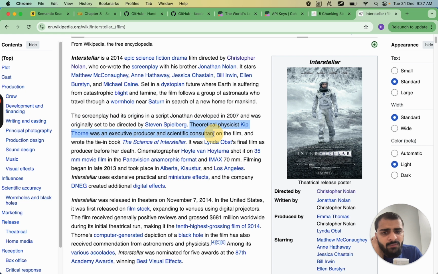But all the rest of the information is kind of lost, right? Like theoretical physicist Kip Thorne was also an executive producer. And maybe these two sentences, it's good if they are contained in one vector because they are related to each other. So that is what is meant by loss of context. If you do chunking on very small units, then there is no context retained between chunks.